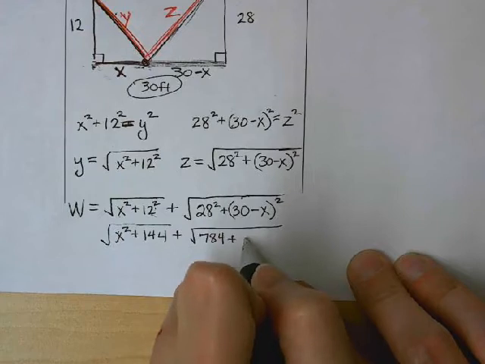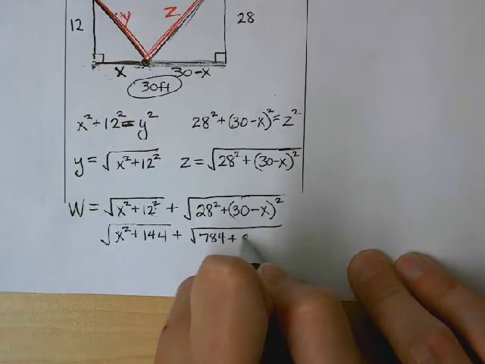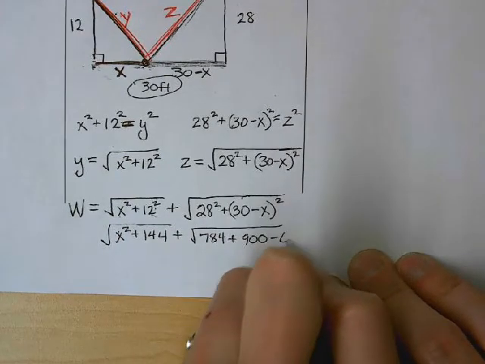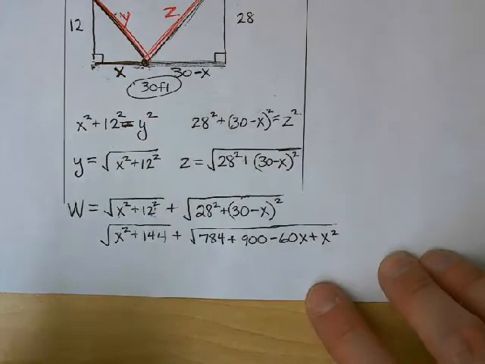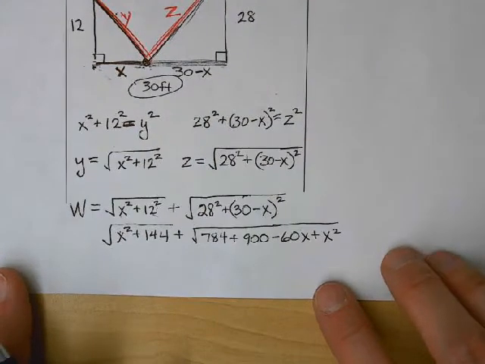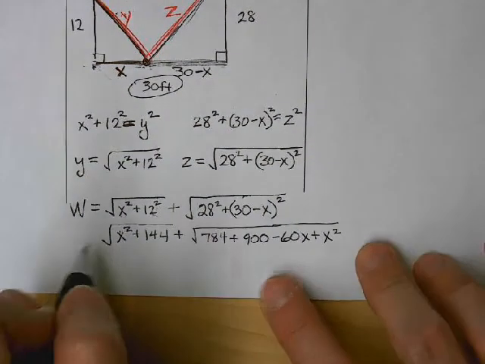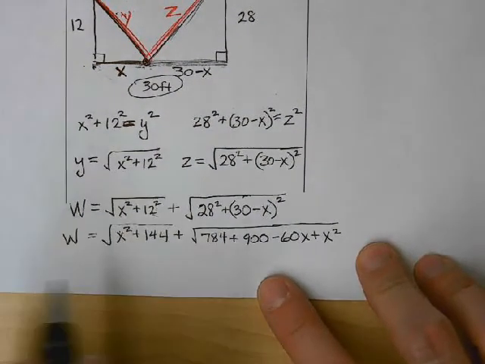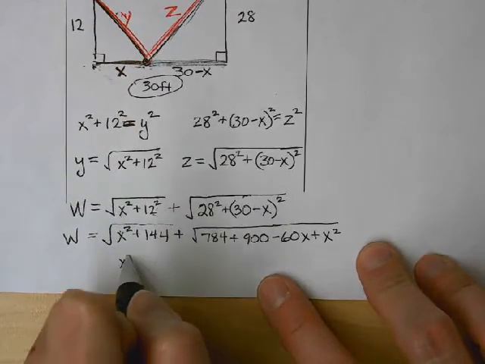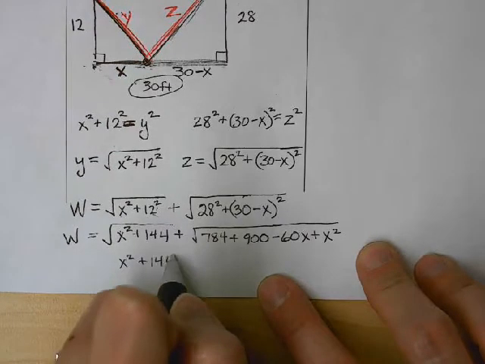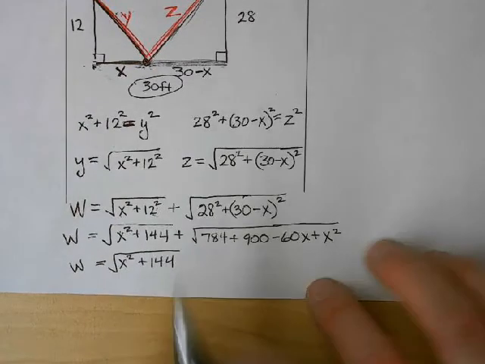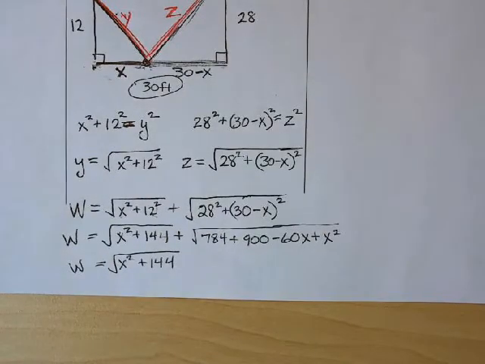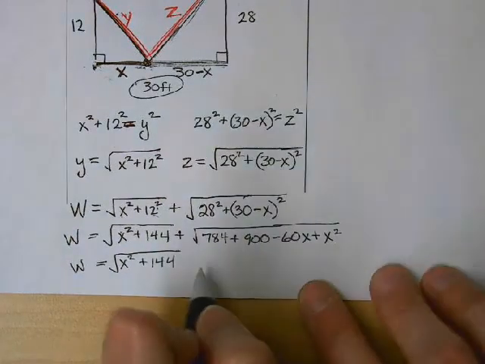Let's see, that'd be 900 minus 60x plus x squared. Okay, what's 784 plus 900? 1684? Yeah.